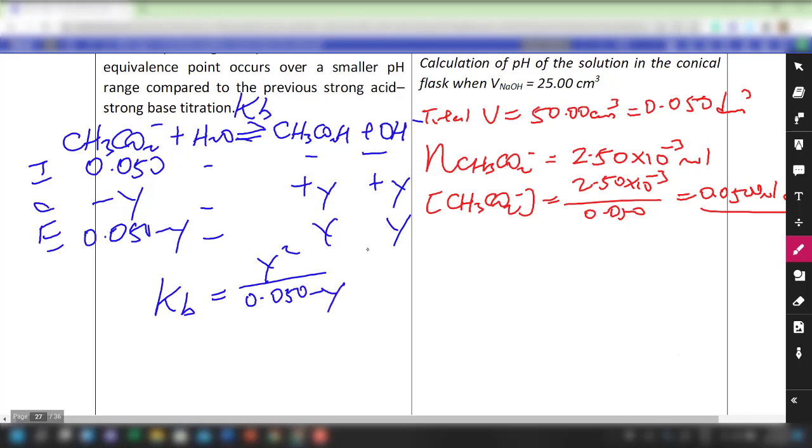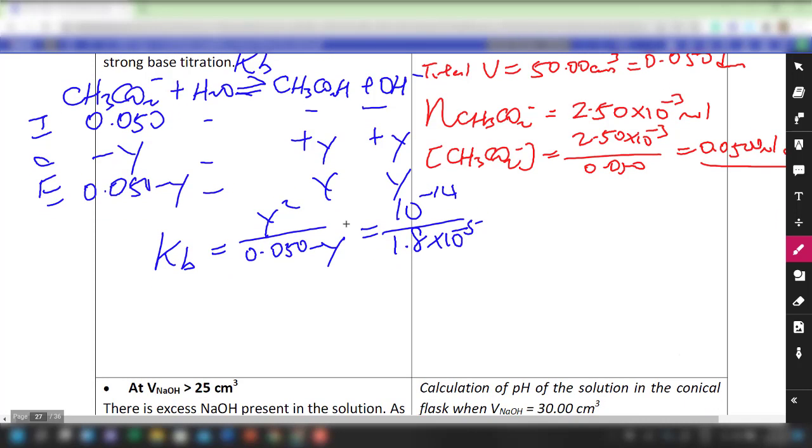And I can easily determine Kb to be 10 to the power minus 14 divided by the Ka, which is given to me as 1.8 times 10 to the power minus 5. Okay, so again, I need to assume that the amount which ionizes is really small. So assume that y is much smaller than 0.050.